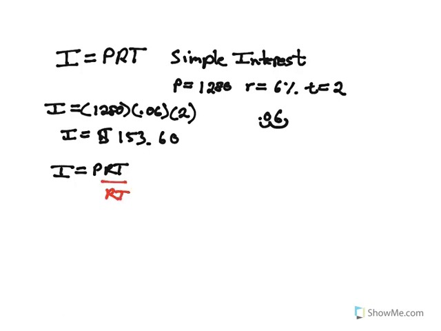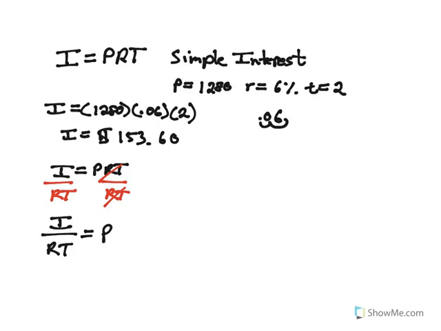We're going to divide both sides by RT. So these will cancel, and you're going to get I divided by RT equals P. So you have to know the interest, rate, and time in order to calculate the principal.